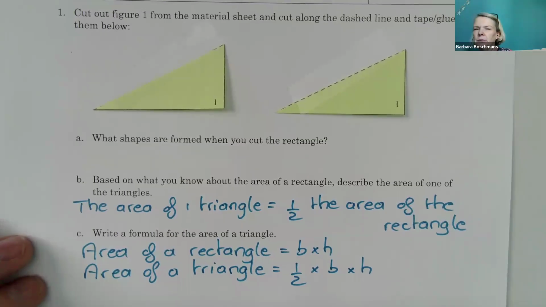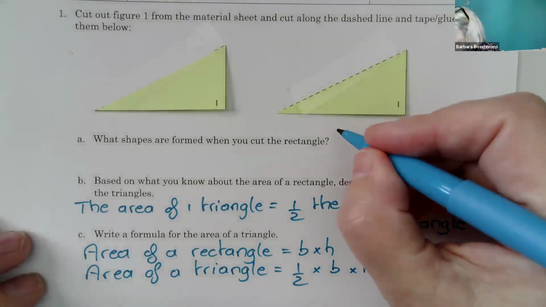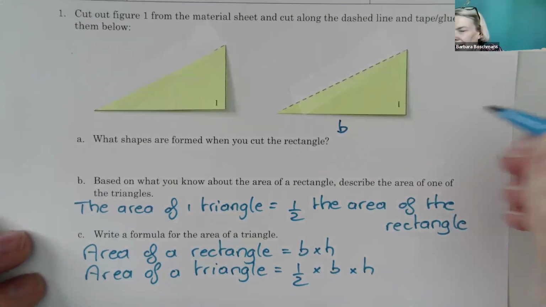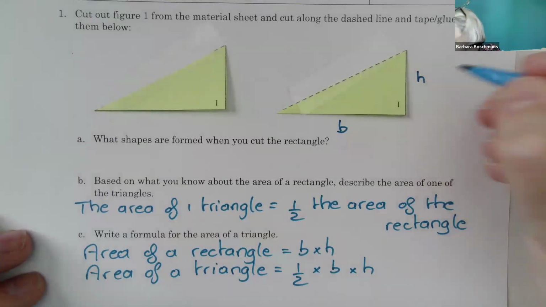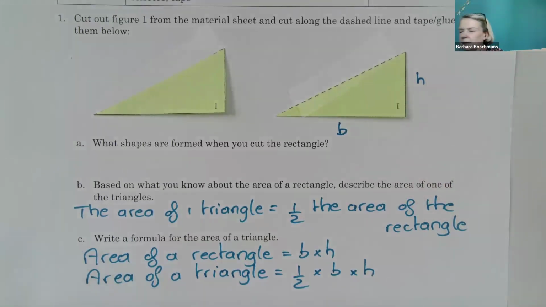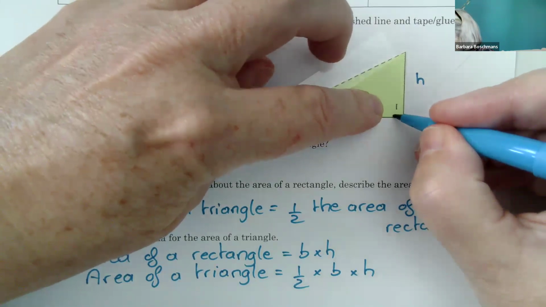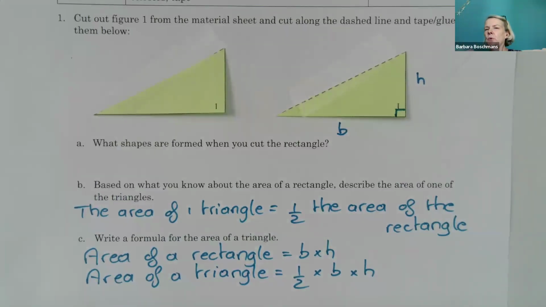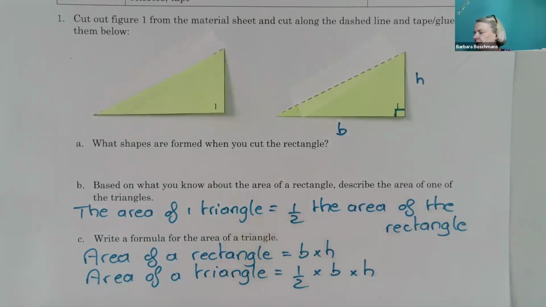Something to note: in the original rectangle, the length is what's called the base, and the height is what we typically call the width. So this is the base and the height. Pay attention that they form a 90-degree angle, or right angle. That's part of that rectangle. You'd have two right triangles when you cut that. So don't forget to fill out part 3.